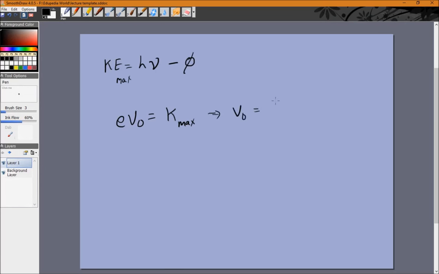So V0 is equal to h by e times ν minus φ by e. So we saw that the slope in both of those cases will be h by e, only the intercept will be different. y is equal to mx plus c. If we plot the frequency versus the stopping potential, the ratio of the slope of both of them will be the same because both of them will have the slope h by e. So the answer will be 1 for the 18th one.